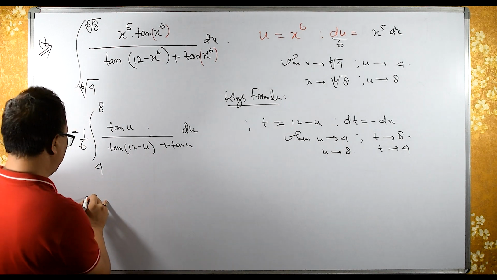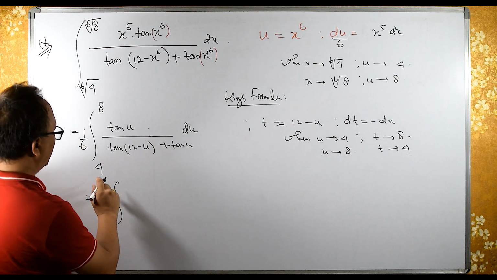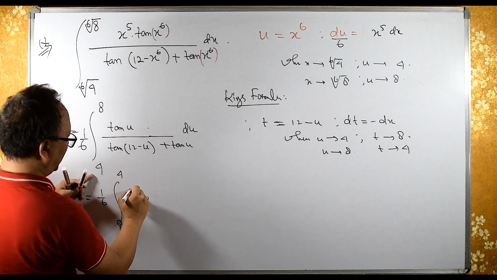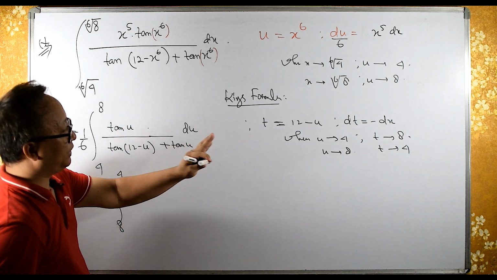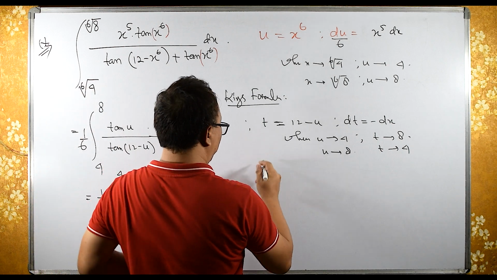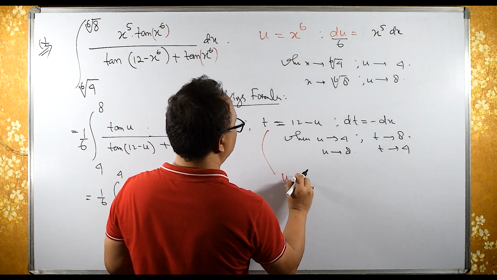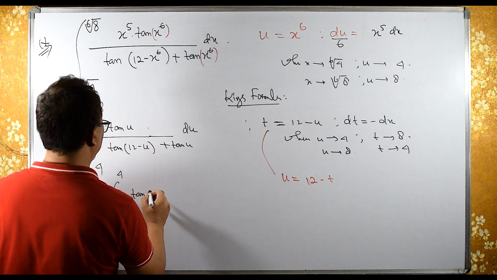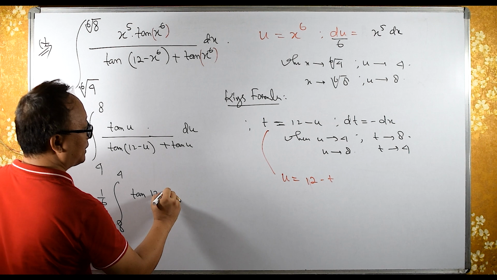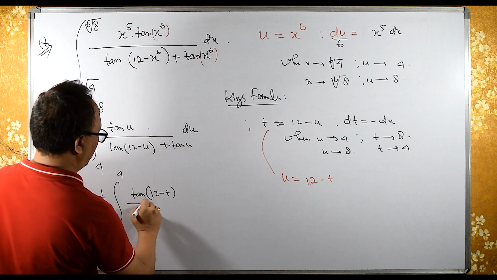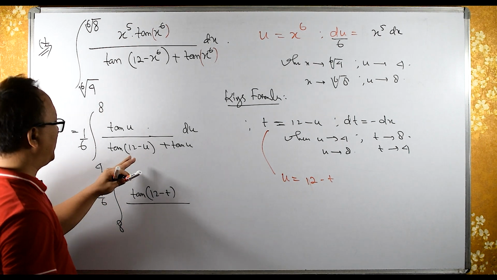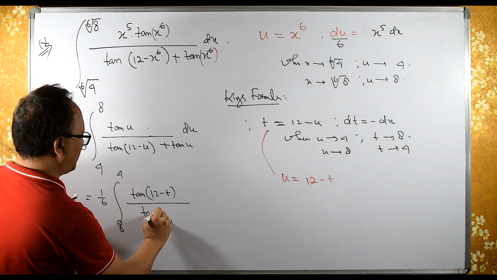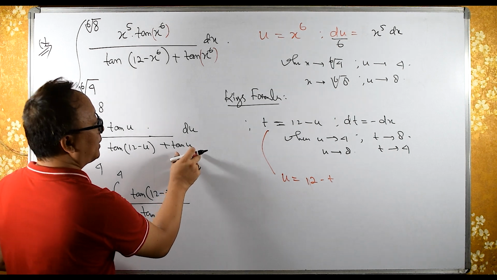So this is equal to 1 by 6, the limit 4 to 8 becomes 8 to 4, tan u. Here we have tan of, instead of u I have to write from here, what is u? u equals 12 minus t. So here I will write tan of 12 minus t upon tan of 12 minus u, which is tan of t, plus tan of u.